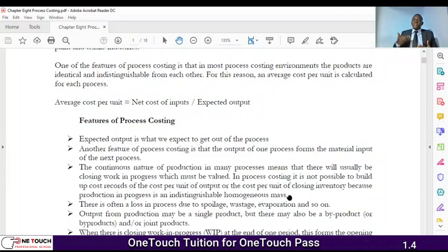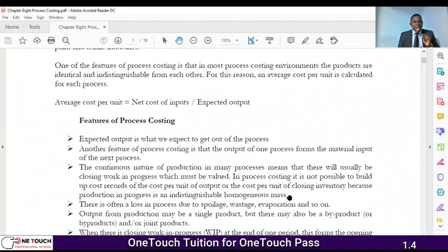It means that it has not actually gotten to its final stage, but it is being worked on. Great. There is often a loss in process due to spoilage, wastage, evaporation, and so on.